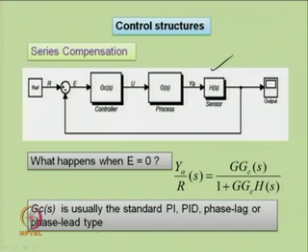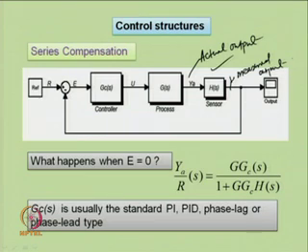This block diagram represents a series compensation scheme, where the controller is in the feed forward path along with the process. The sensor is also put in the feed forward path in this fashion. YA is the actual output, whereas Y here is the measured output.